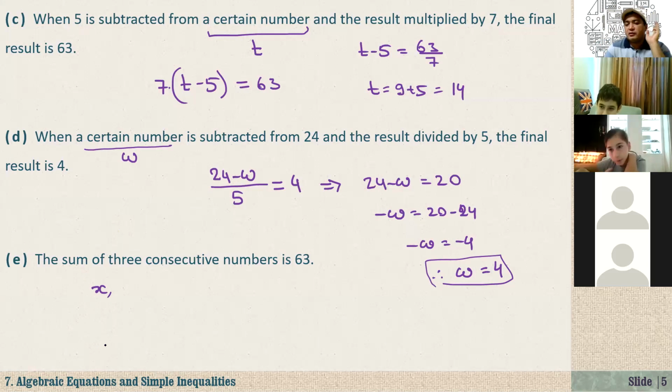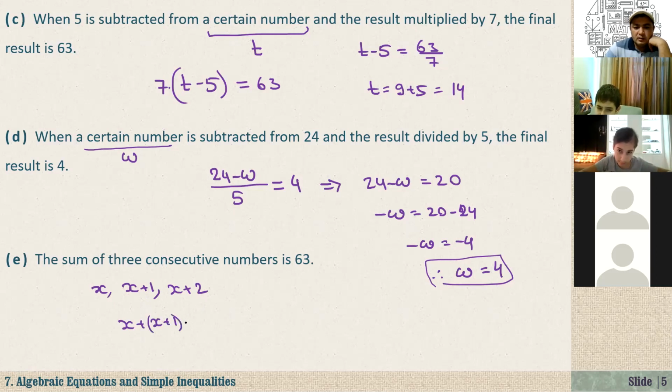The sum of three consecutive numbers is 63. If the first number is X, Adnan, what is the second number? X plus 1, right? And what is the third number? X plus 2. So the sum of these three numbers, that is X plus 1 plus X plus 2, is equal to 63. If you simplify the left-hand side, X plus X is 3X, 1 plus 2 is equal to 3.